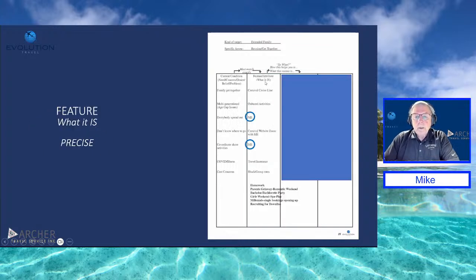Now, the feature, what it is the family get together. You've chosen for them a Carnival cruise. Carnival's a great family cruise line. It's geared to families. It's geared to small kids. It's geared to adults. It's really cool. That's what it's for. So multi-generational.